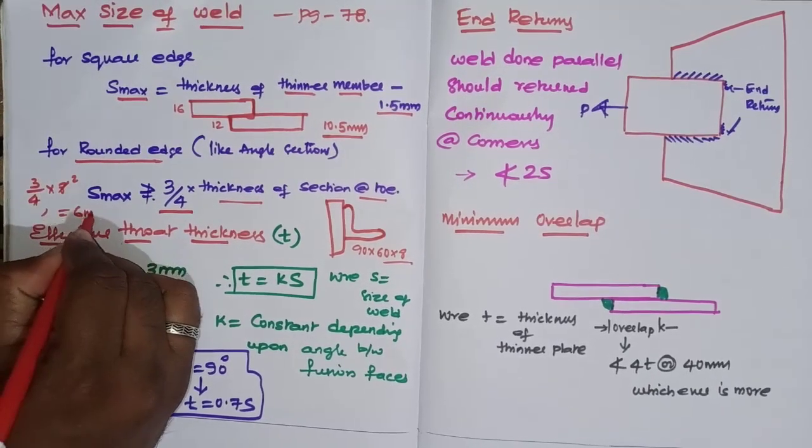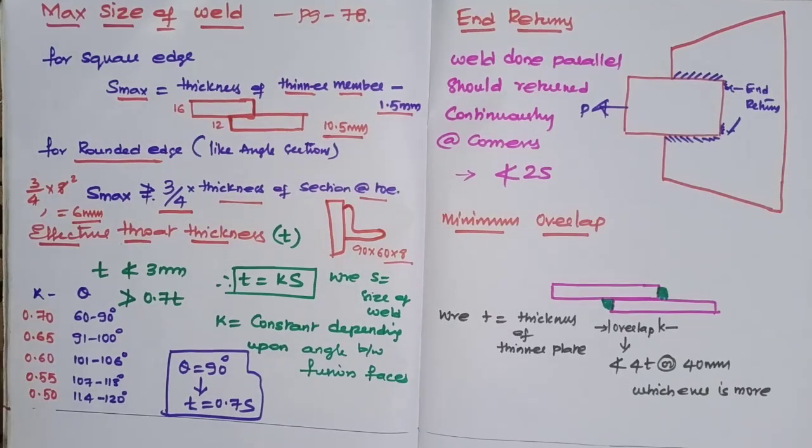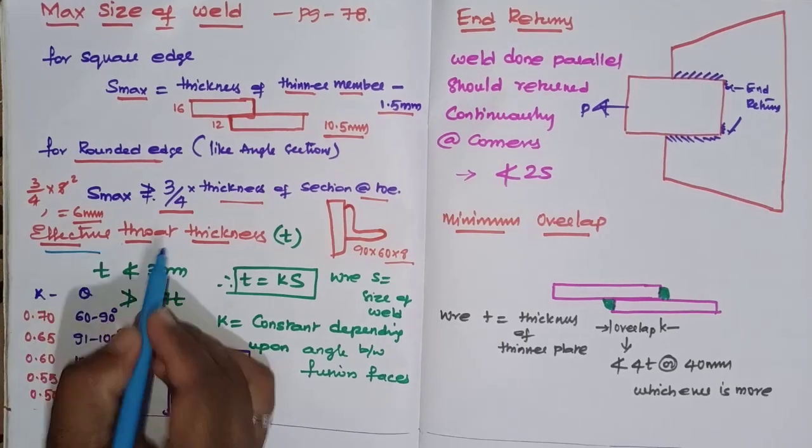So 6 mm is the maximum size of the weld for a rounded edge. This is regarding the maximum size of weld. And coming to the effective throat thickness.